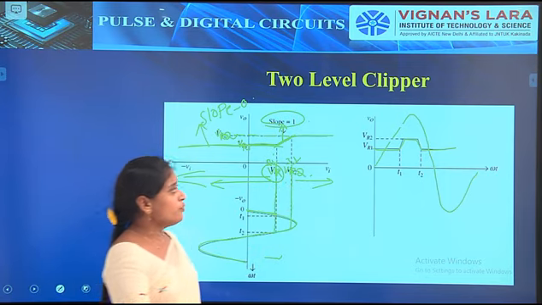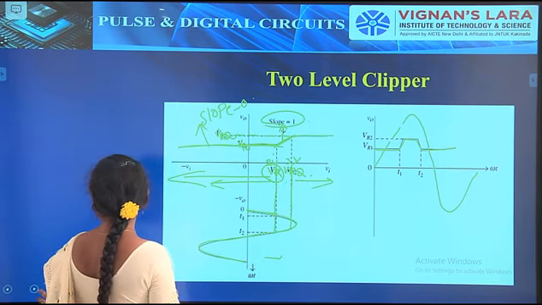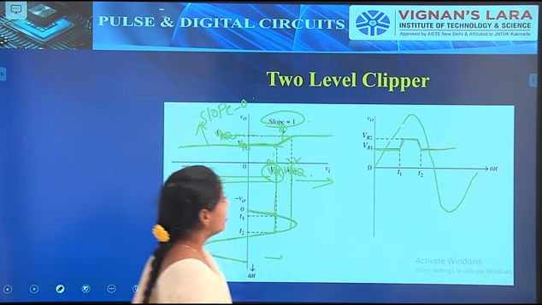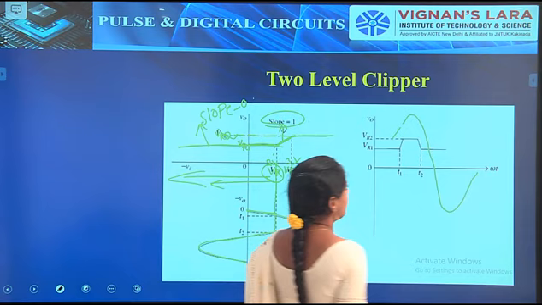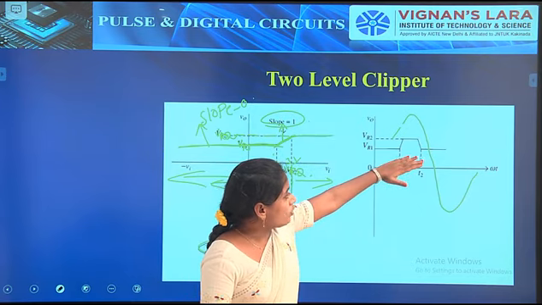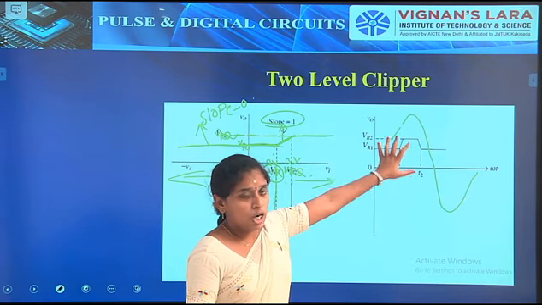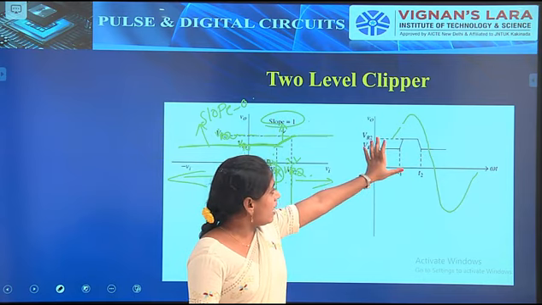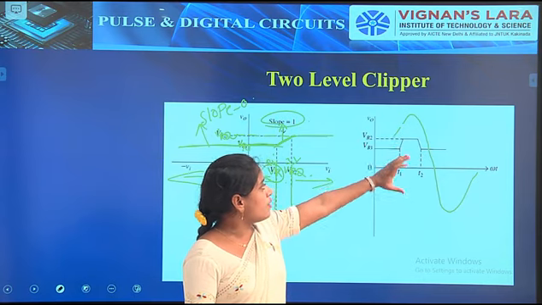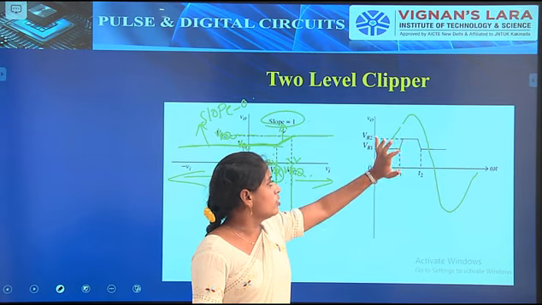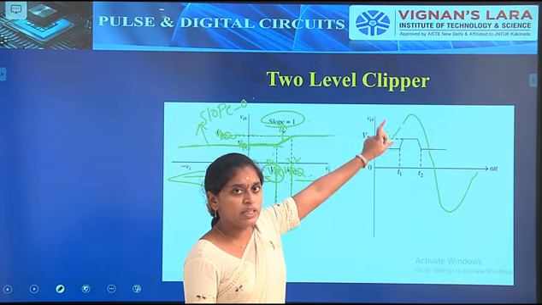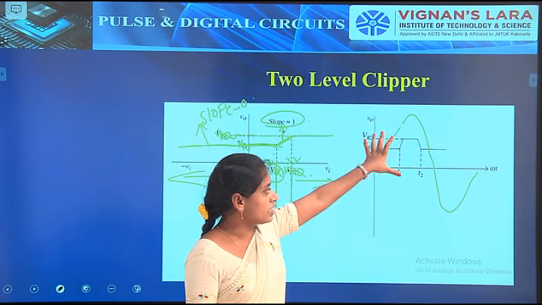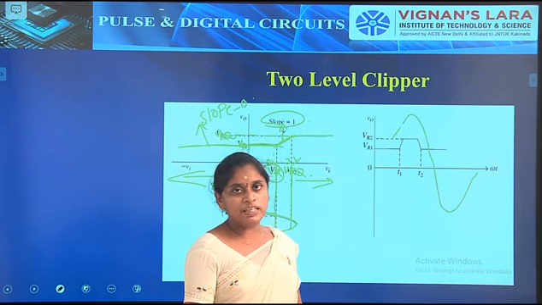In this condition the output waveform will have the negative part cut, wholly removed, and the positive part will be produced with the voltage in between these two. So at the final stage we observe this output only. In between VR1 and VR2 we produce the output signal and the remaining signal will be clipped.